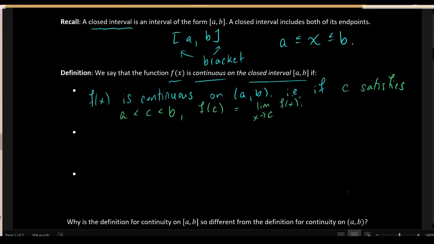The second thing that this implies is information about what's happening at A itself. The second piece of information that we have is that the value of the function at A is equal to the one-sided limit, what you get when you approach A from the right side.